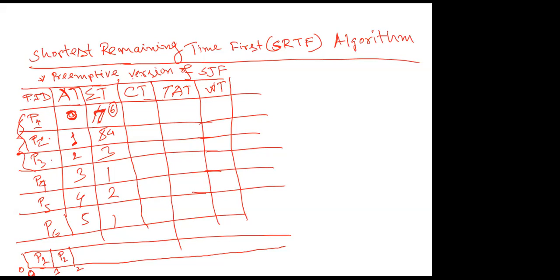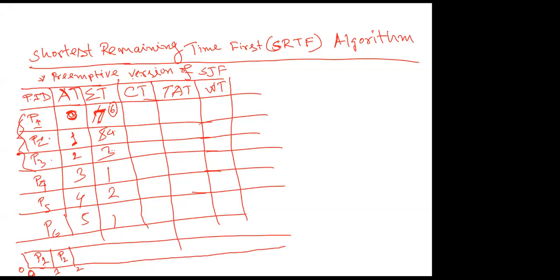Now which process will be scheduled? P3 needs 3 time units, P2 needs 4, and P1 needs 6. So P3 will be scheduled next, because it needs the lowest burst time, the shortest remaining time.